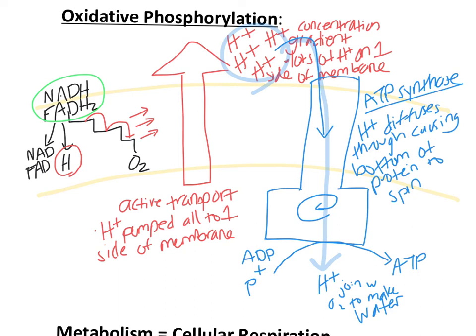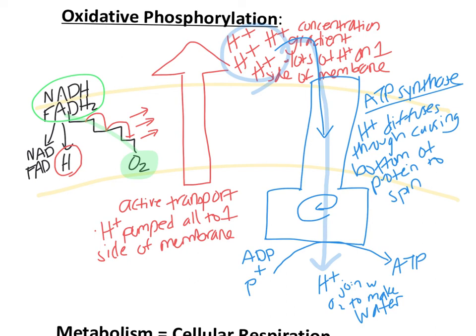They deposit those electrons at the electron transport chain, where proteins play a game of hot potato, passing an electron on to their neighbor. At the end of the electron transport chain is oxygen. Oxygen is required to be there in order for the proteins to continue passing on.